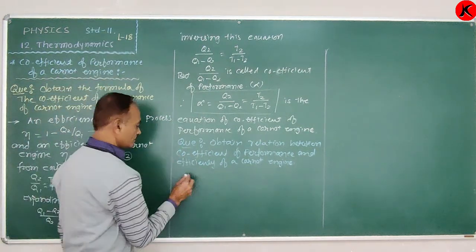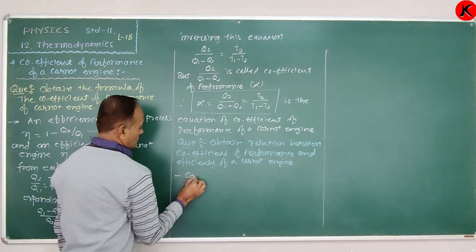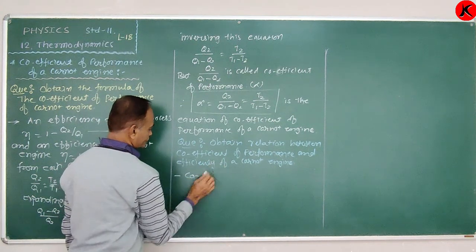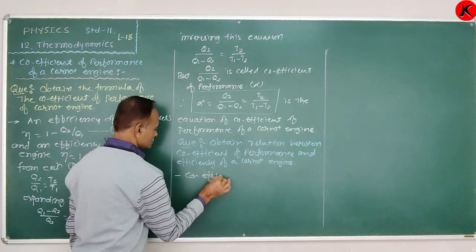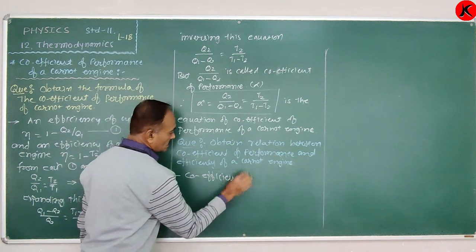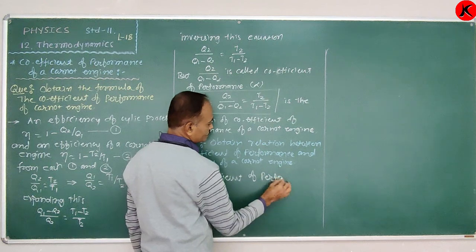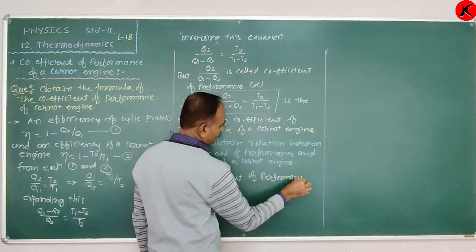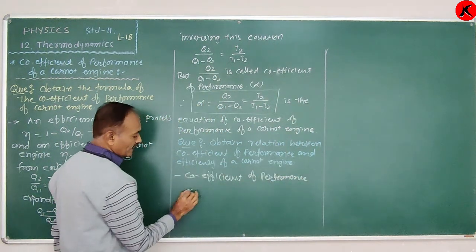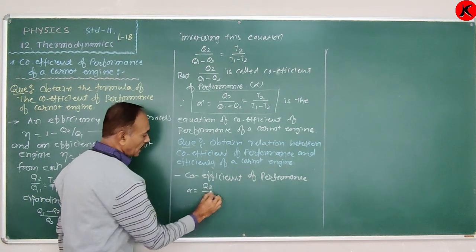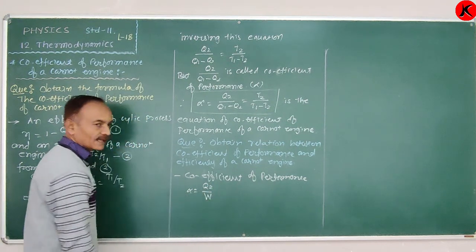Therefore, the coefficient of performance alpha is equal to Q2 upon W from the definition.